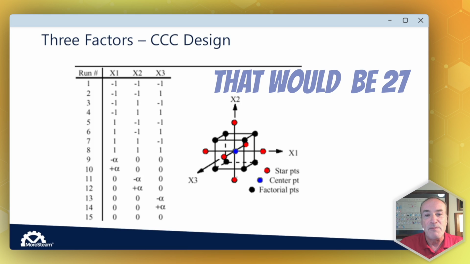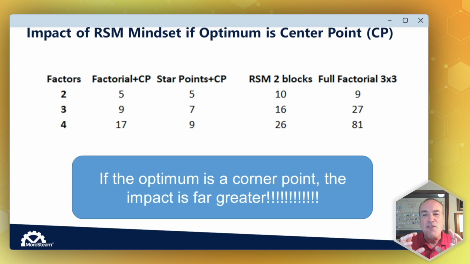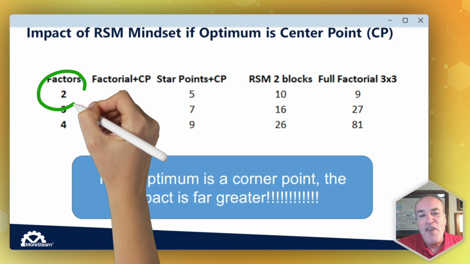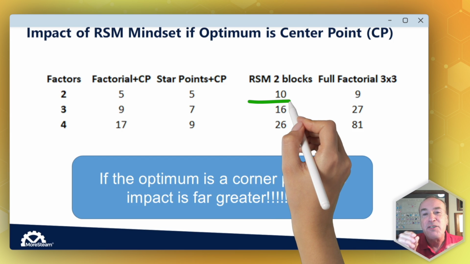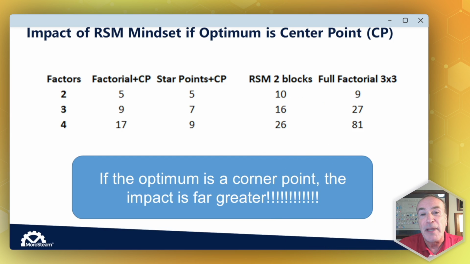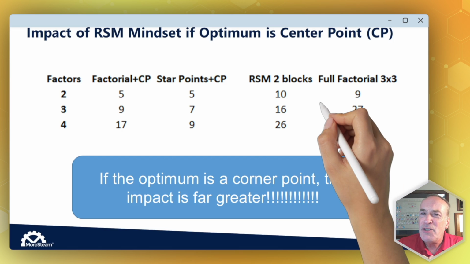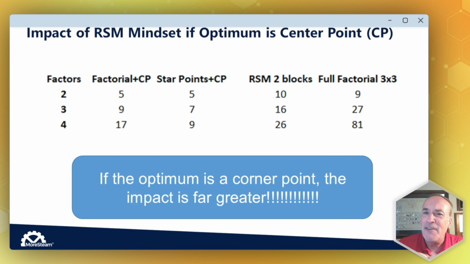And here's how it comes into play. If you have two factors, if you were to do it my way, it would take a total of 10 experiments. If you did a full factorial with only two factors, it'd only be 9. You're going, Kevin, nah, I think that other one's better.